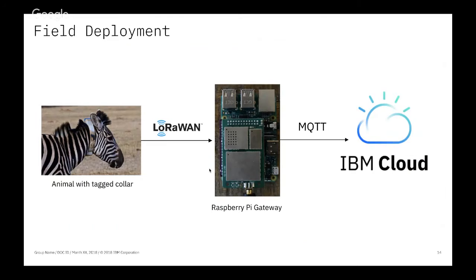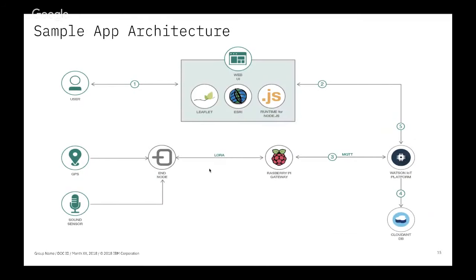Okay, so at this point, we are able to get data from a mobile sensor into the cloud. We have our end node sending data to a gateway, and then the gateway forwarding everything to cloud services. The next step is to build an application to make some sense of the data and visualize it.